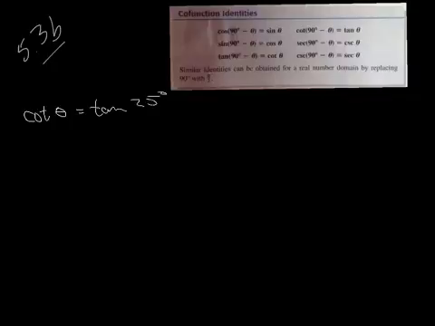So what they're looking for is this angle right there. What angle makes the cotangent equal to the tangent at 25 degrees? Well, it's really easy to do. We just look up here in our handy dandy little table and see that cotangent equals tangent of 90 minus theta. So we're going to get rid of the cotangent and substitute that in its place.